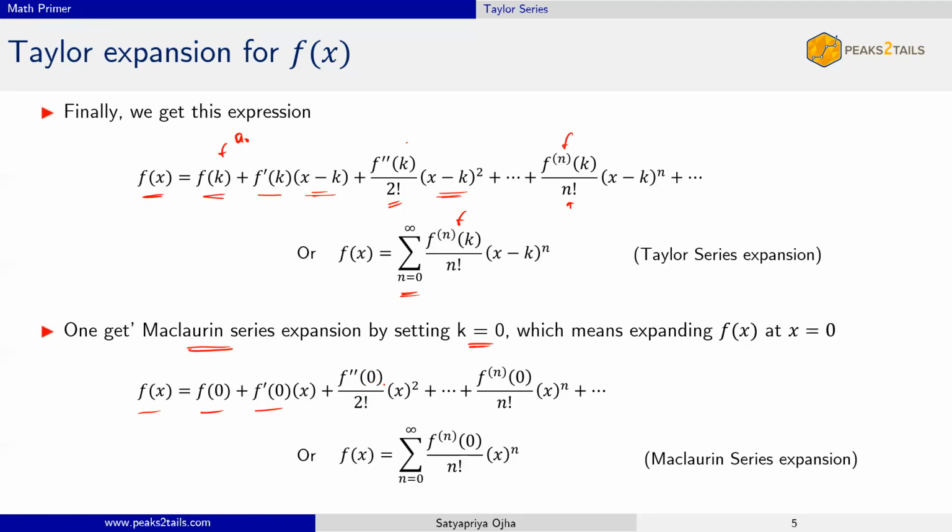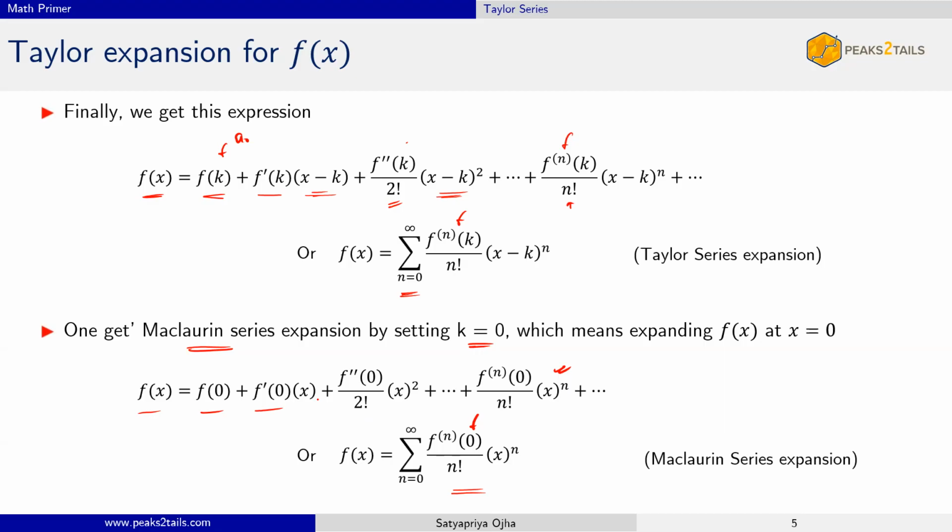F double derivative at 0 divided by 2 factorial times x squared. Similarly, you have this one. And then in the compact form, you can write it like this. Okay, k is replaced by 0 and all x minus k's are replaced by x because k is 0. That's it.